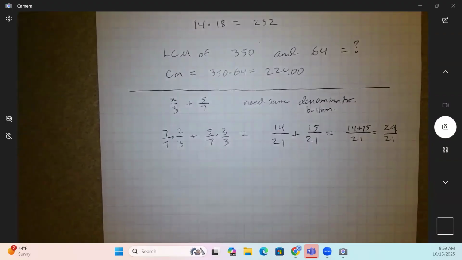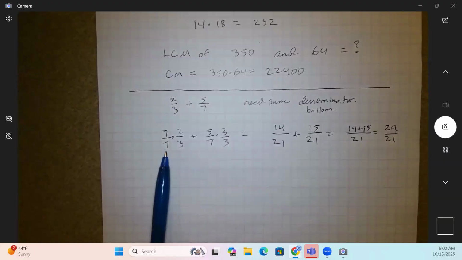In order to add or subtract fractions, you need the same denominator, the same bottom of the fraction. And one of the ideas with the least common multiple is it tells you what that extra fraction has to be.